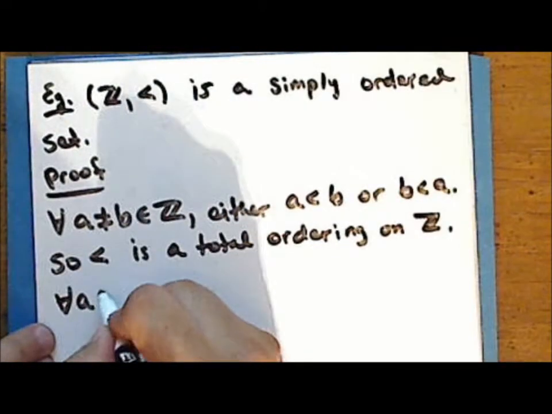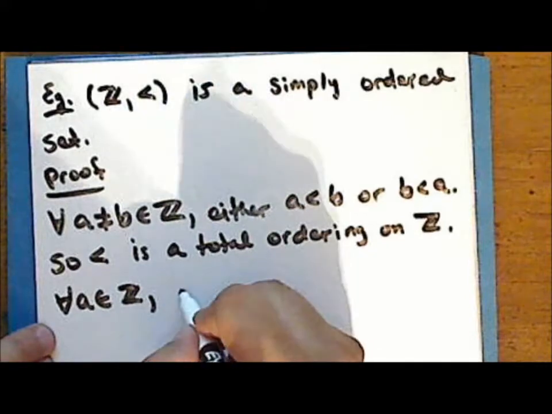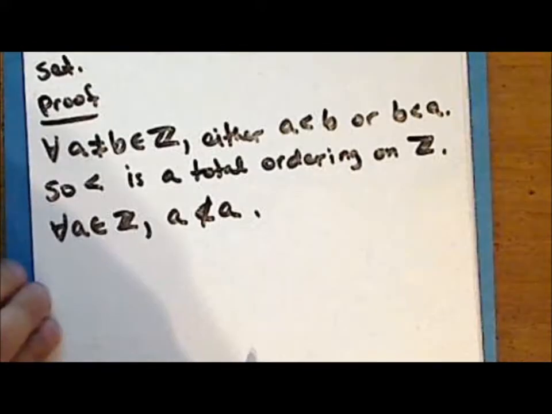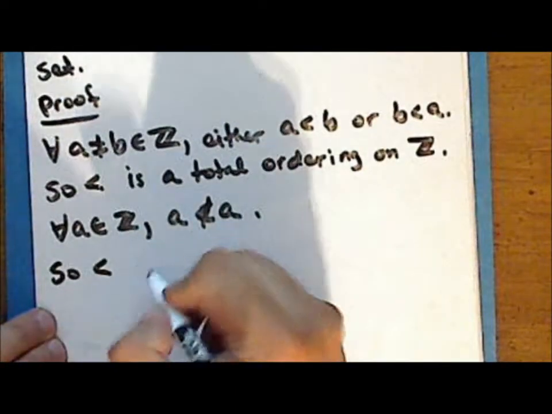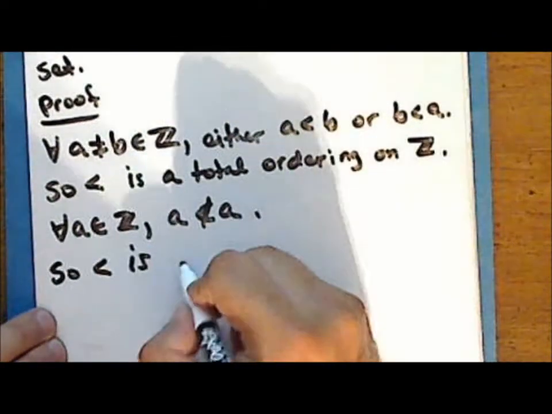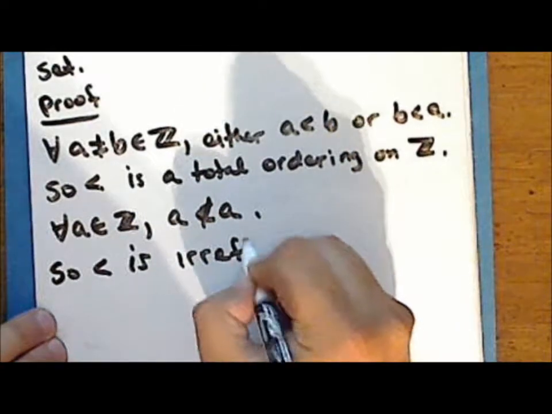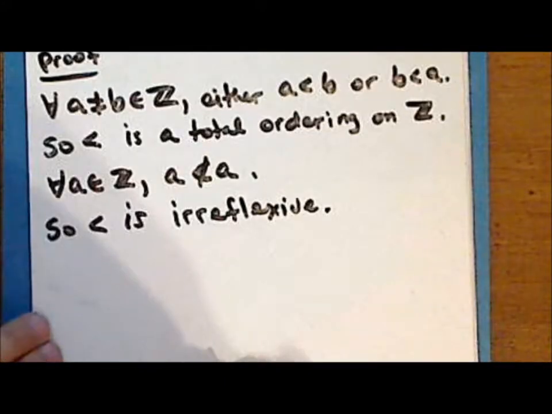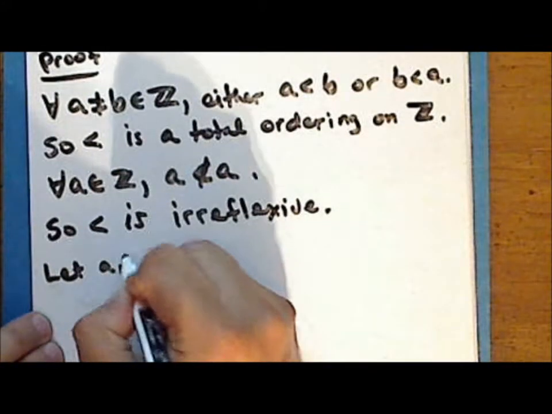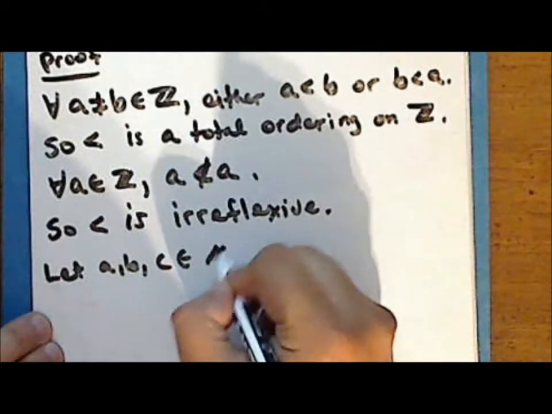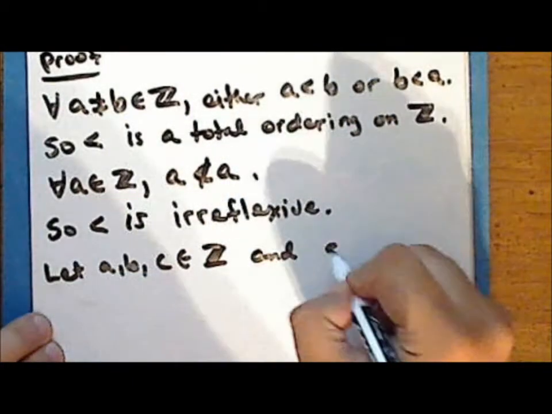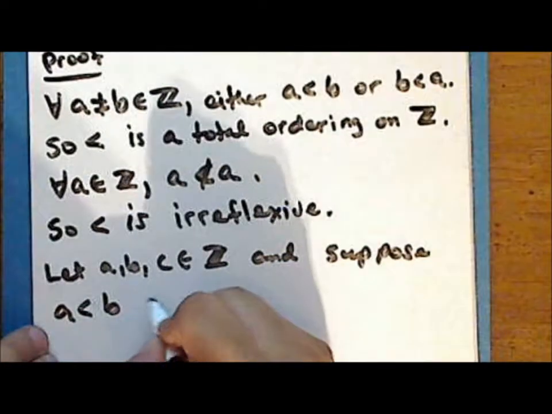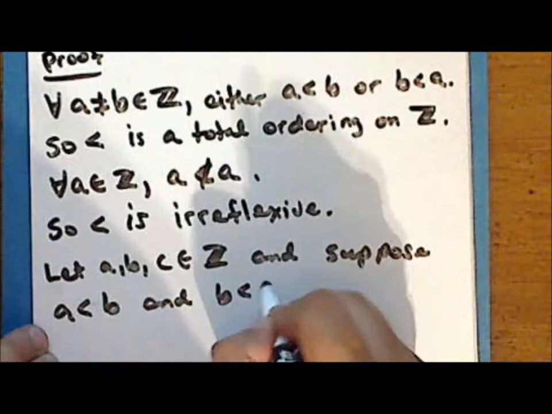Now for every given integer a, a is not less than itself, and so the relation less than is irreflexive. Now let a, b, and c be three integers, and suppose that a is less than b and b is less than c.